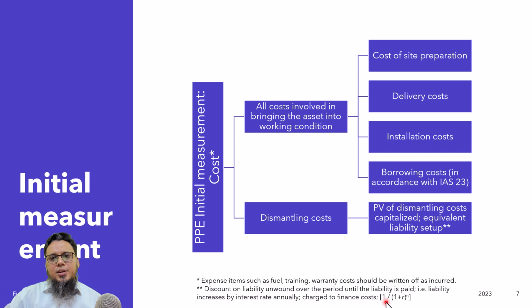And then every year, a certain component gets added into the asset cost, and the liability consequently is increased, and by the end of the 25th year you have $5 million sitting in that liability account, and the related amount has been added into the asset's carrying amount.